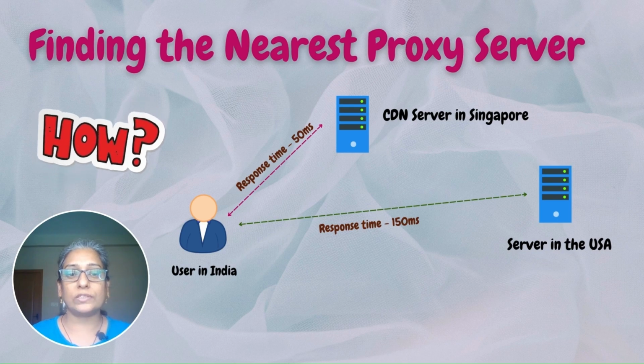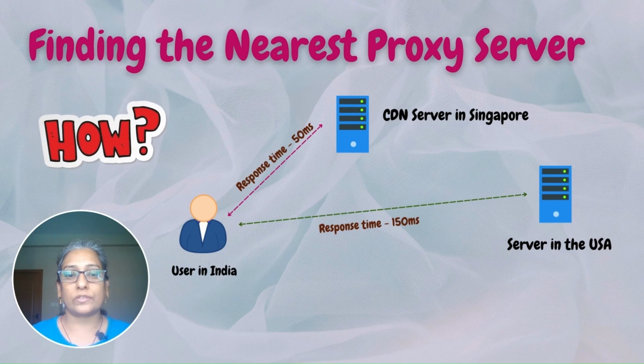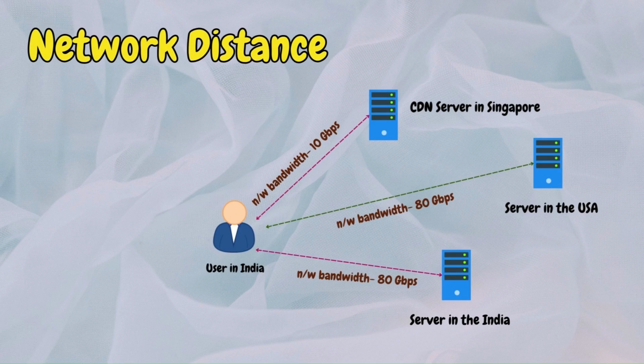Two critical factors influence the proximity of server. The two critical factors are network distance and request load. Network distance is the distance between the user and the proxy server. It depends on two main factors. First, length of the network path. The physical distance between the user and the proxy server determines the network path's length.